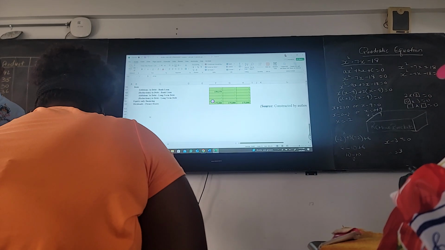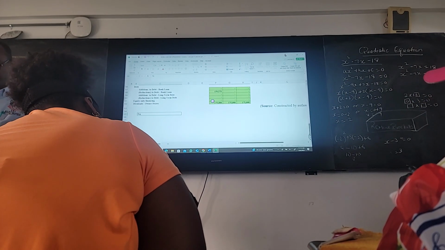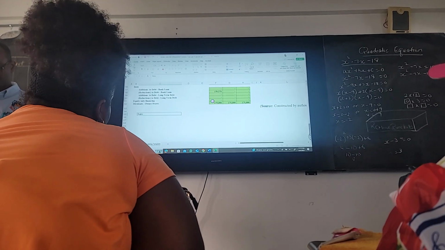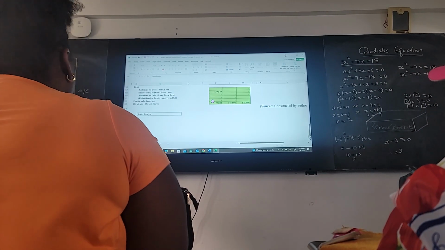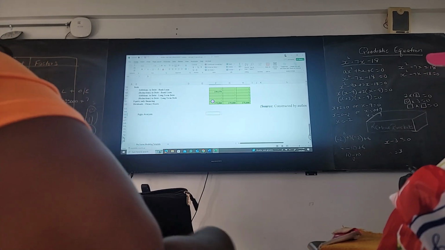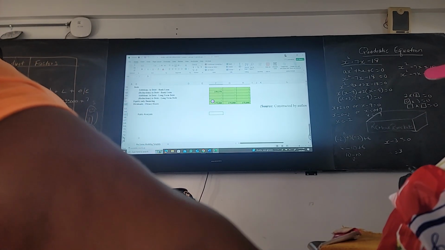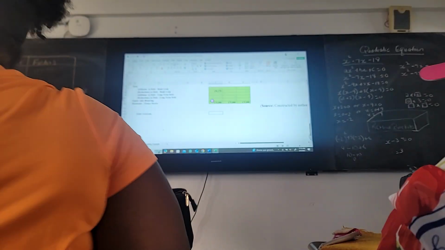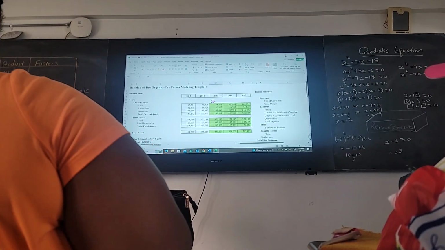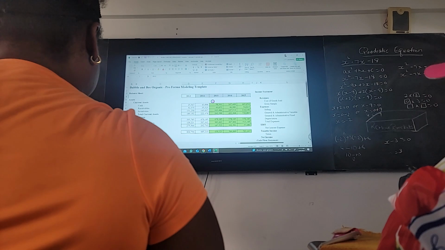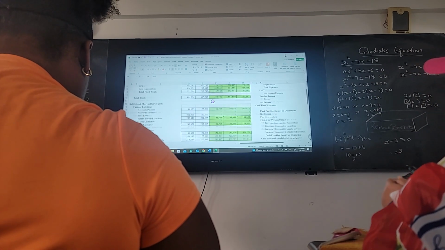So the next step would be the ratio analysis. Let's take a short break and come back. Let's see, 2030, let's do ratio.